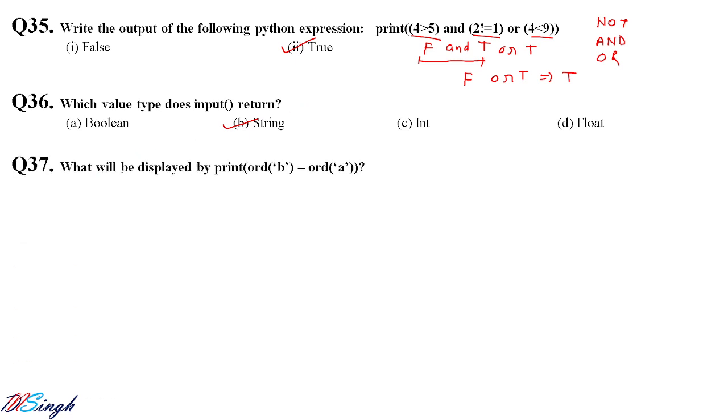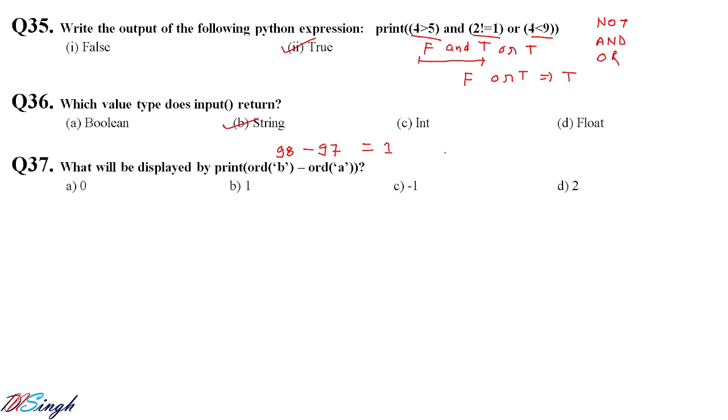What will be displayed by this print statement? So ord is a function which returns the ASCII value for that particular letter. So small a is 97, b will be 98, and minus 97, so that is going to give output as 1.